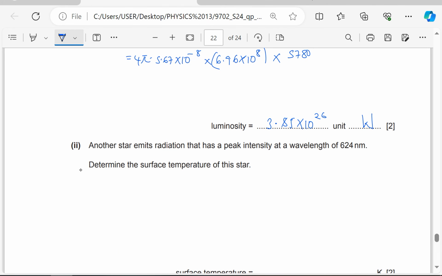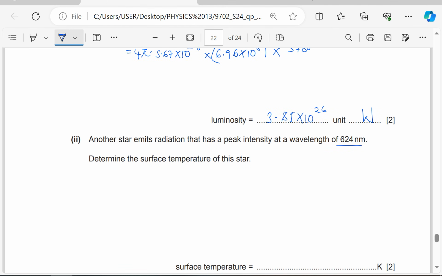Another star emits radiation that has a peak intensity at a wavelength of 624 nanometers, determine the surface temperature. So here I'll use Wien's displacement law, which states that lambda max, that is the wavelength at which maximum intensity occurs, is inversely proportional to temperature. So lambda max times T should be equal to a constant.